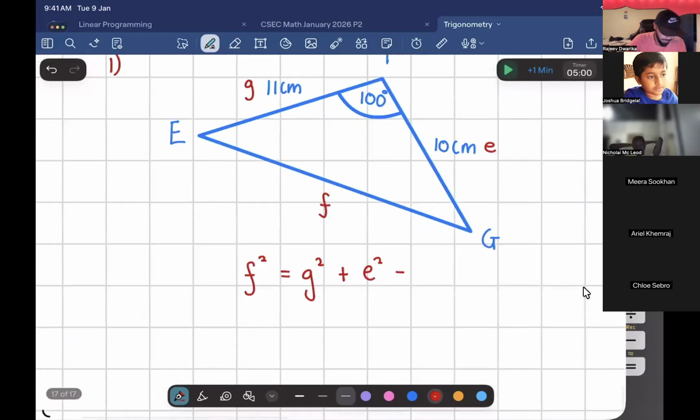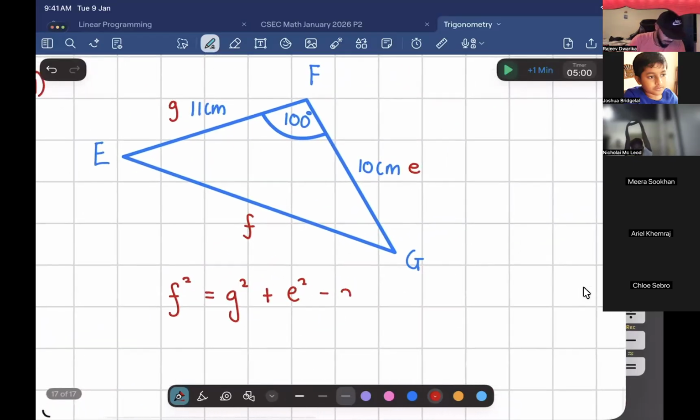So I'm going to write minus 2 and multiply the adjacent sides, minus 2GE, cosine F. We use F because F is the only angle we have, right?